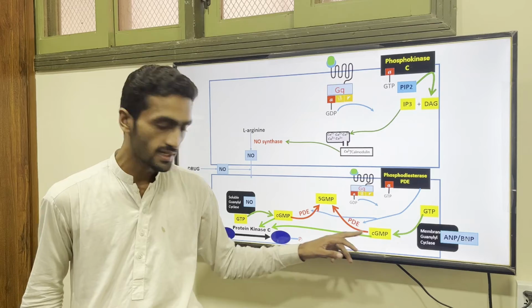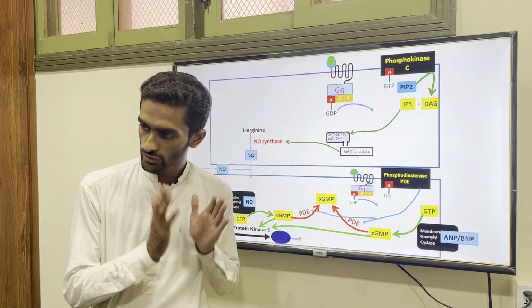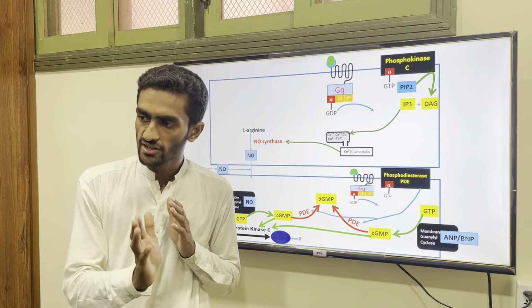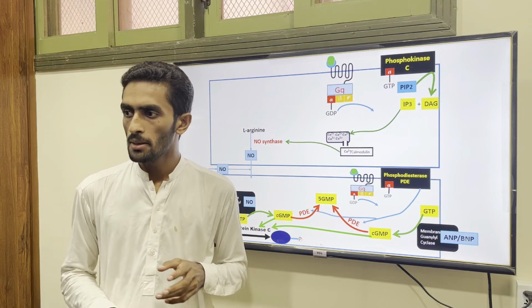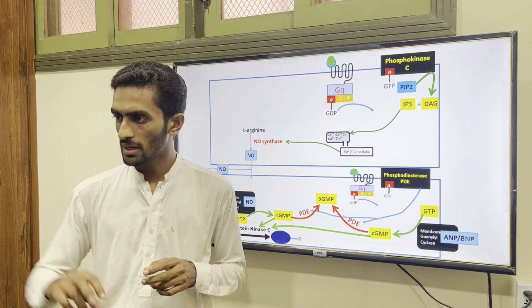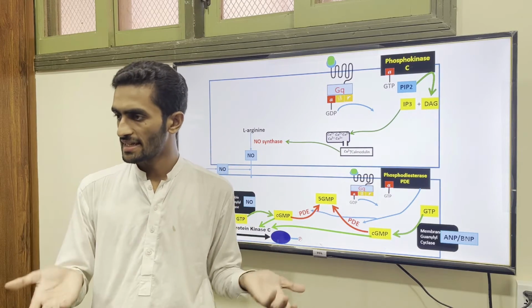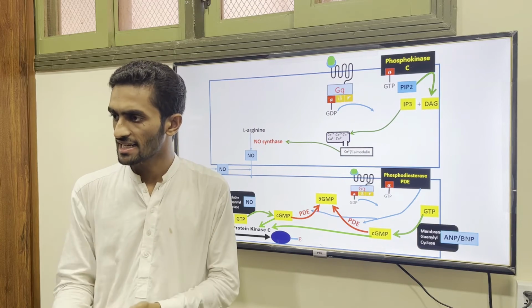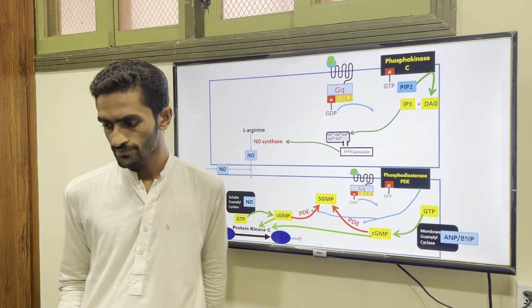This is the important pathway of the vision system. Your cyclic AMP or IP3 are continuously inactivated by phosphodiesterase most of the time. But when the hormone comes or stimulation comes, PDE function stops and cyclic AMP, cyclic GMP or IP3 activation continues. Okay.